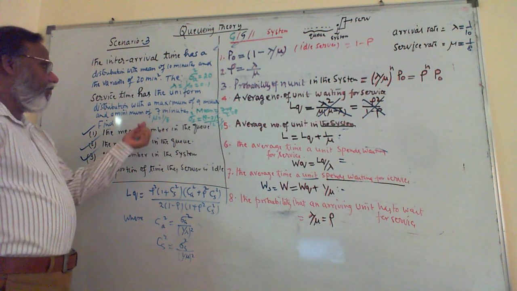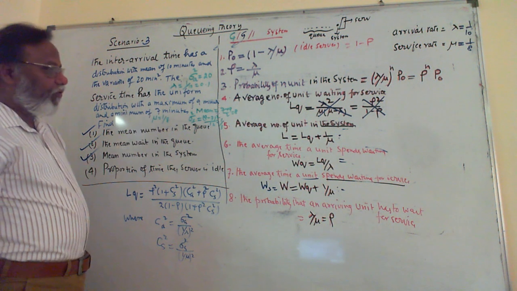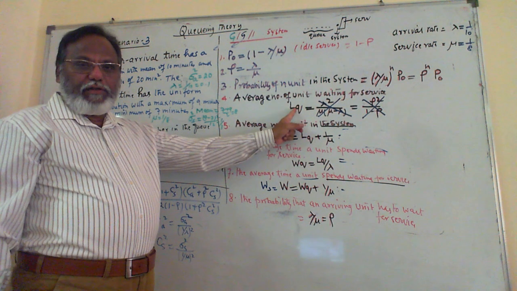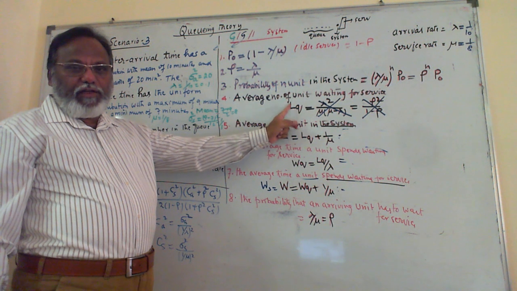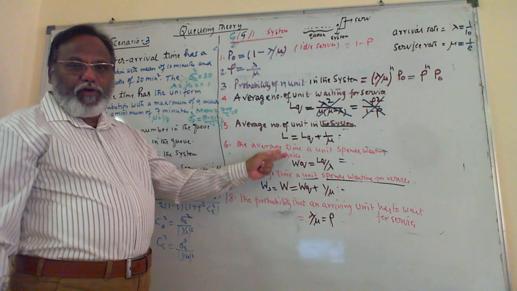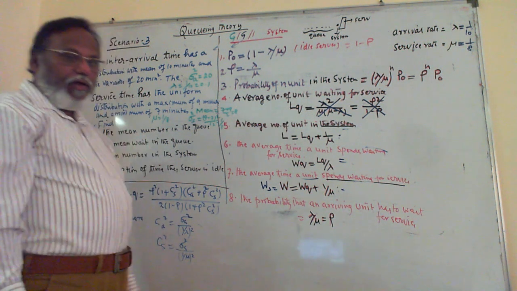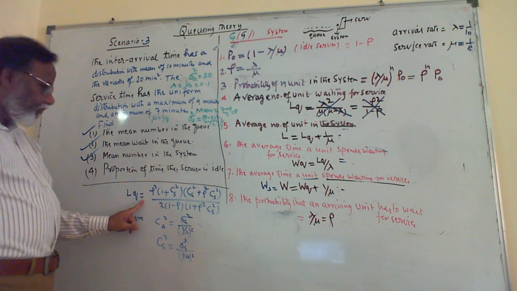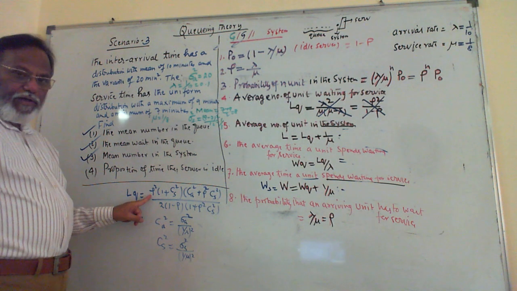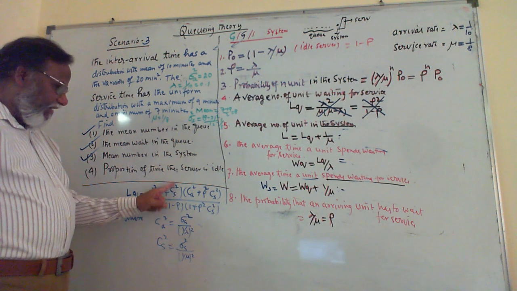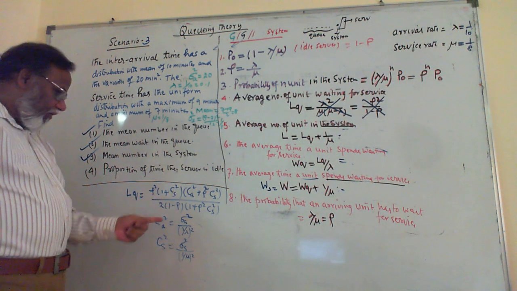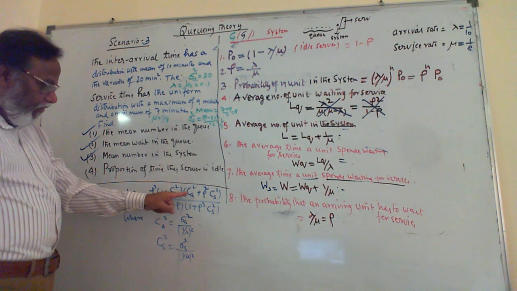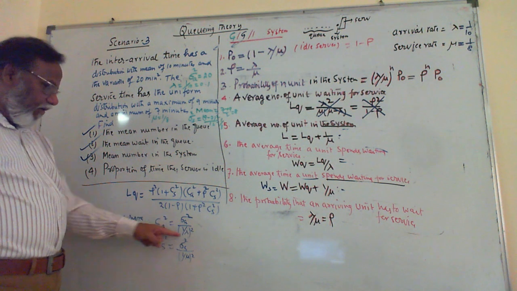Now, how does this question differ from the previous two? Again, there is a difference in the formula of the queue length, and the rest of the formula remains the same. The formula for the queue length is LQ equals rho squared into 1 plus CS squared, times a number which can be calculated by this formula, CA squared, which can be calculated by this formula.